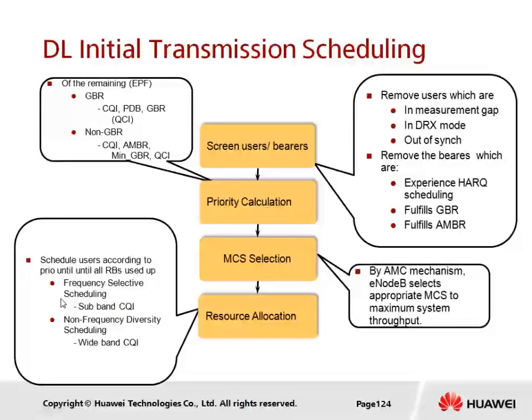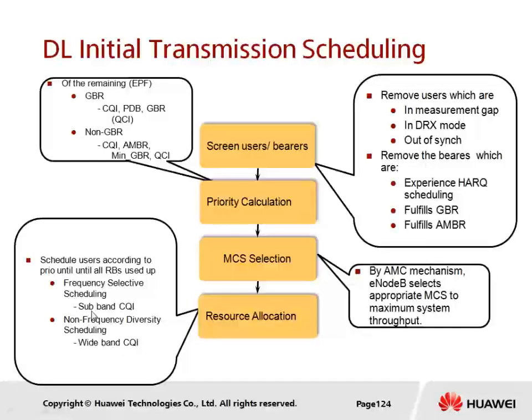There are two types of resource block allocation. The first one is called frequency selective, and the second one is called frequency diversity scheduling. Frequency selective scheduling means the resource blocks allocated for the user might not be continuous, meaning the resource blocks assigned for the user could occupy different segments of the frequency band.